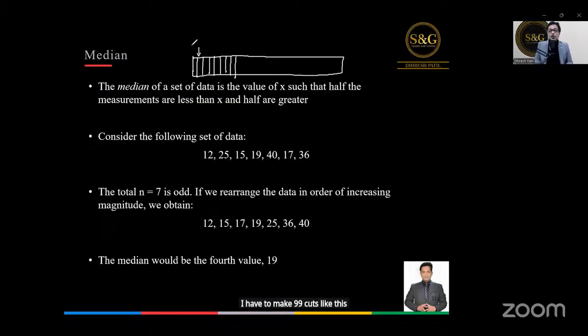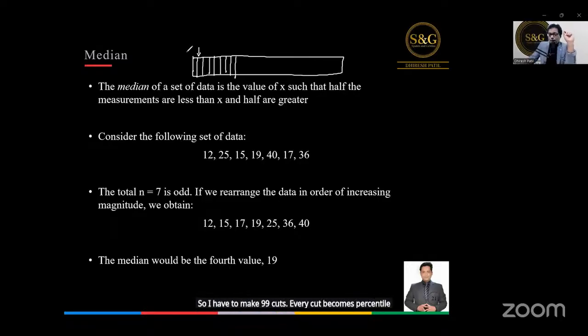Every cut is called a percentile. Are you understanding? Every cut is called a percentile. If I arrange the data in ascending or descending order, and I have to divide the data into 100 equal parts, I have to make 99 cuts, and every cut becomes a percentile.